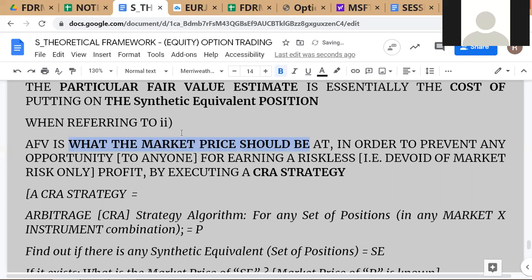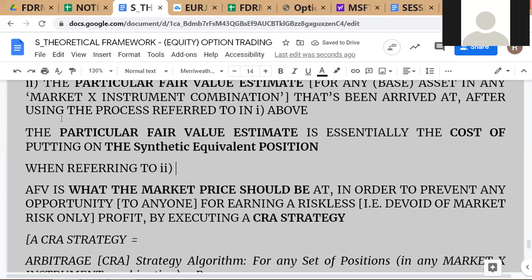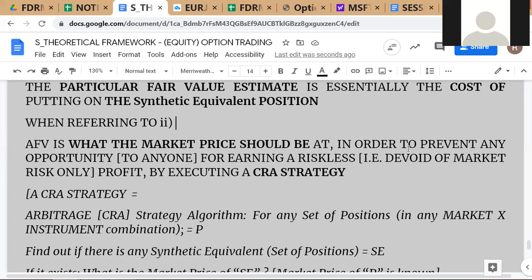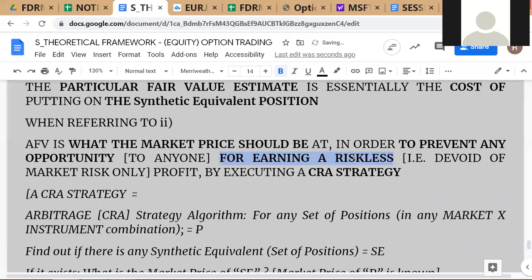So the second sense of using AFV to refer to a particular fair value is what the market price should be to prevent any opportunity for earning a riskless profit. To understand why this language, because when you look at the language, it can get a little confusing. That's why I'm giving you the example.